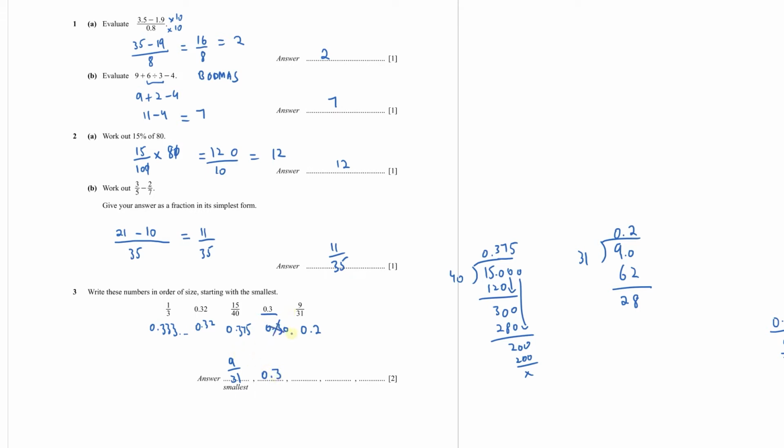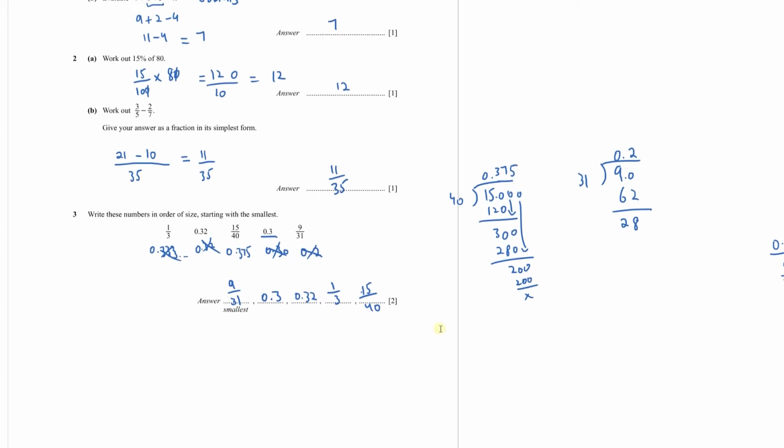Out of these three, 0.333, 0.32, 0.375, 0.32 is the next largest. Then 0.333 is the next largest, which is 1 over 3. And then the last remaining one is 0.375, which is 15 over 40. So this is how you will arrange them from smallest to largest.